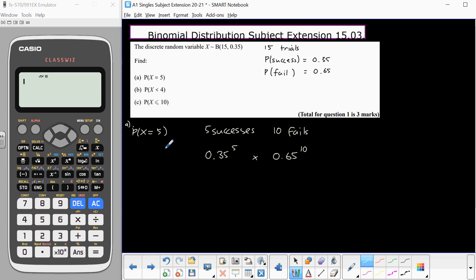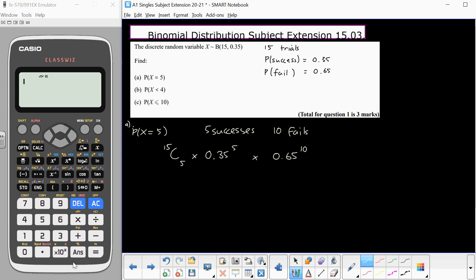For this calculation, it's 15 trials, C 5 successes. This literally means out of 15, choose 5. How many different ways are there of doing that? And the great thing is your calculator does all the heavy lifting here. So we've got 5 successes and 10 failures, and then we've added in this, which will tell us how many different ways there are of doing that.